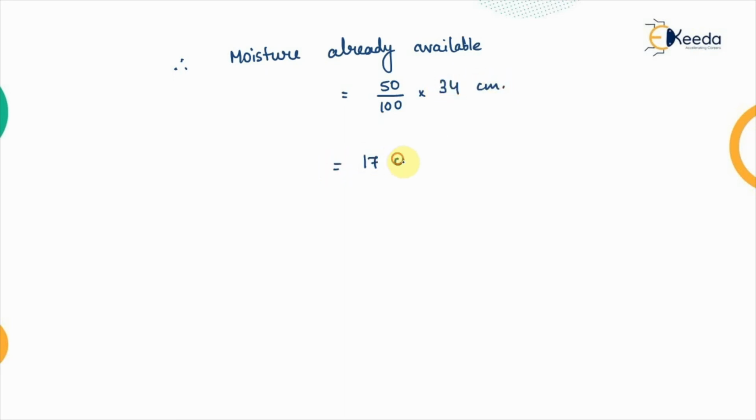That means this much is already available, and therefore the moisture which is needed will be the remaining one. So that is 34 centimeter minus 17 centimeter, which is equal to 17 centimeter. Now this is the depth of the moisture which is needed.